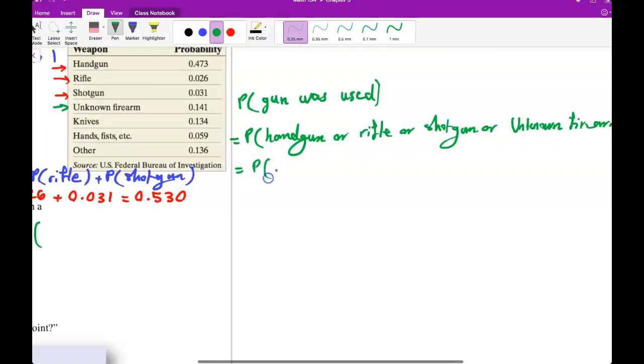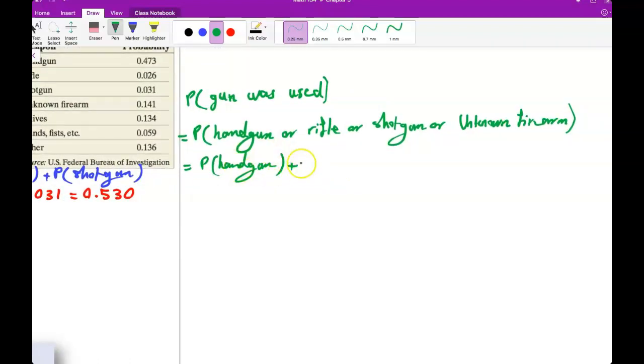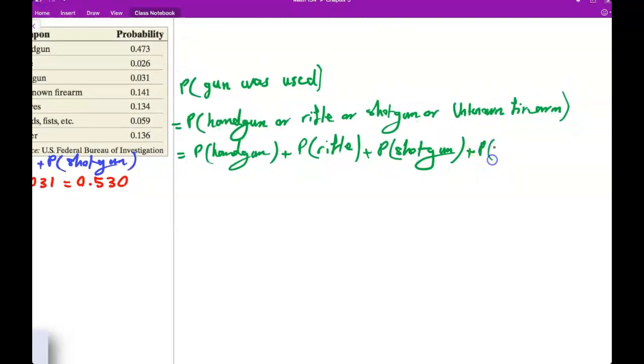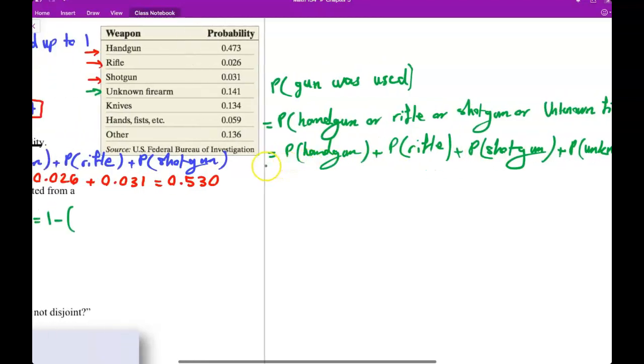That's why for each one I should add the probability of each one. So it's like this.